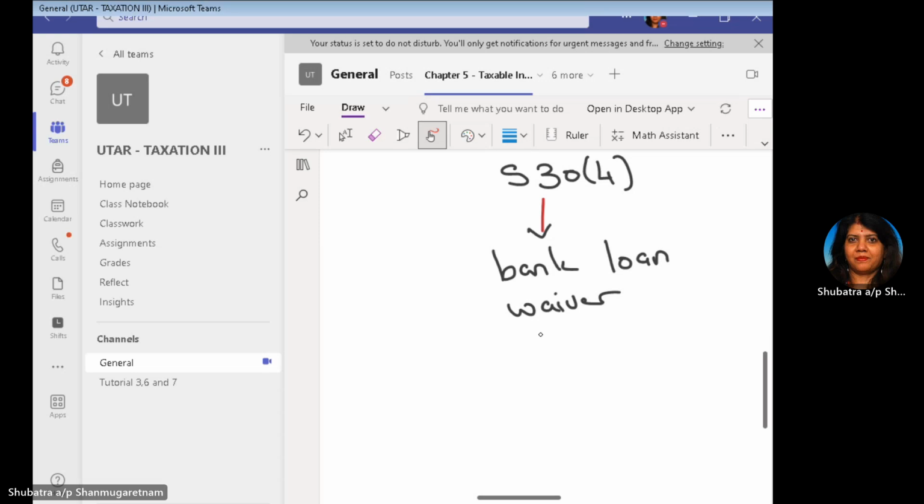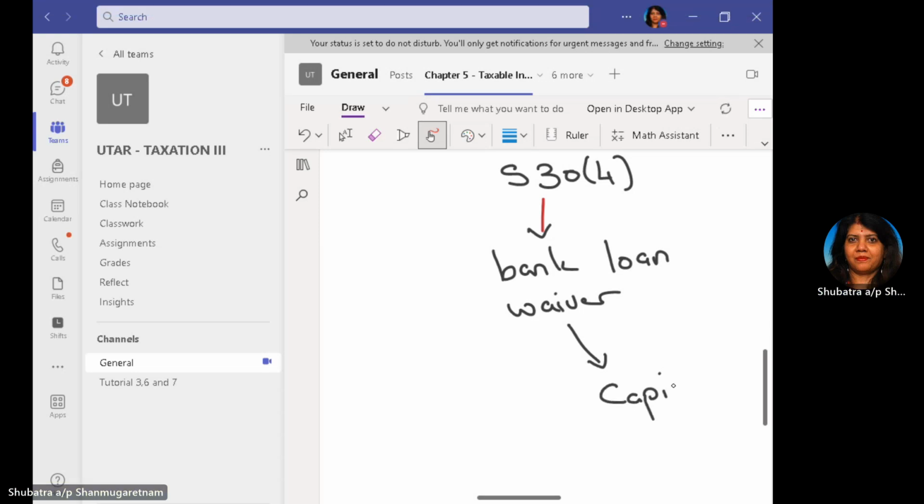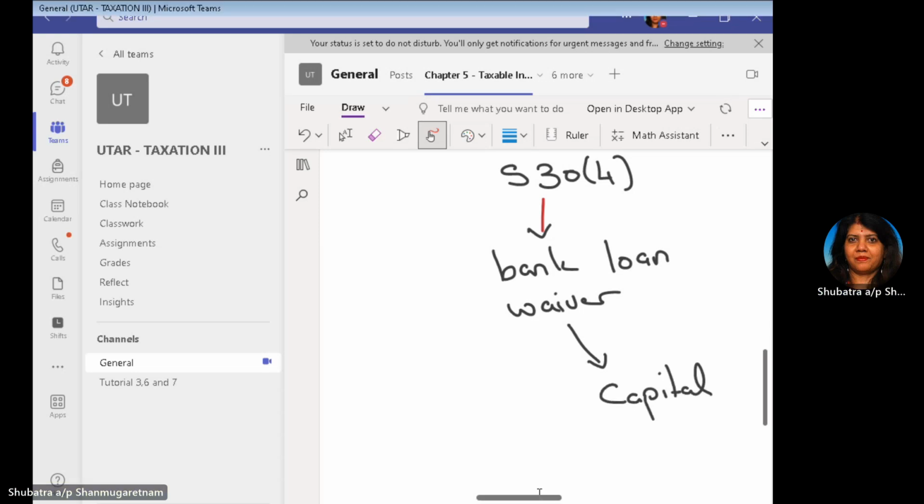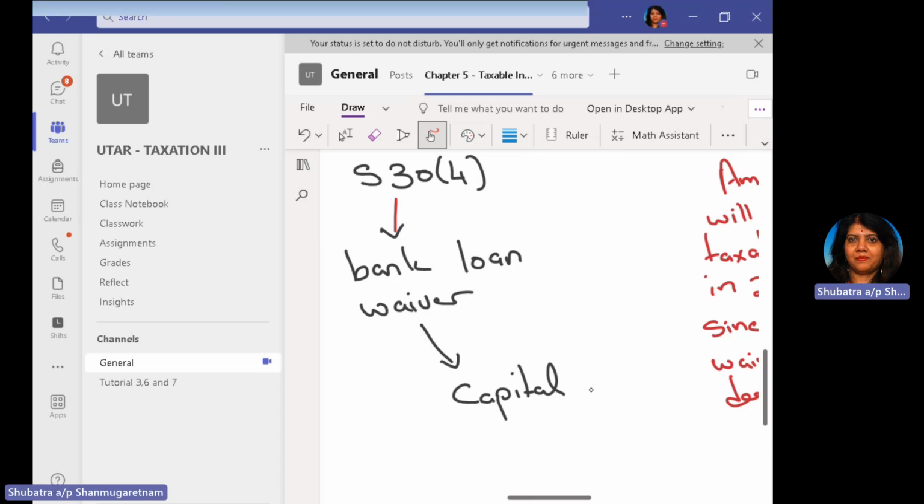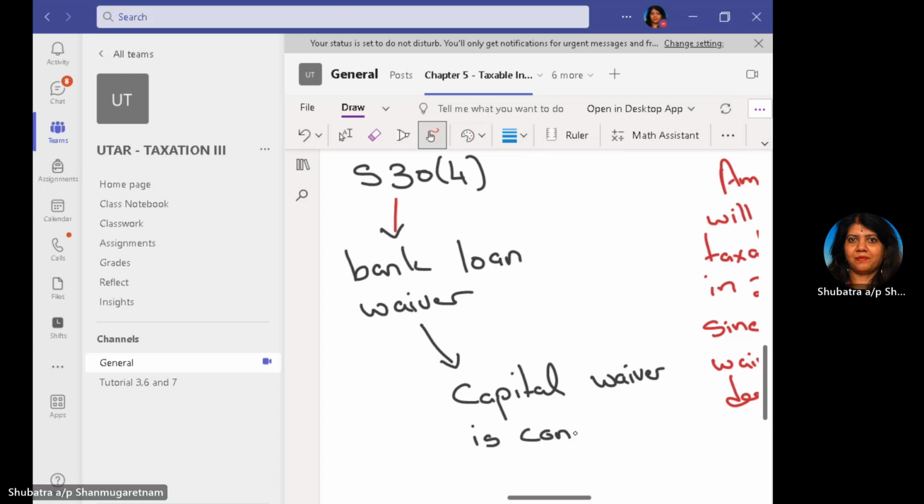Now, capital waived is considered not an income.